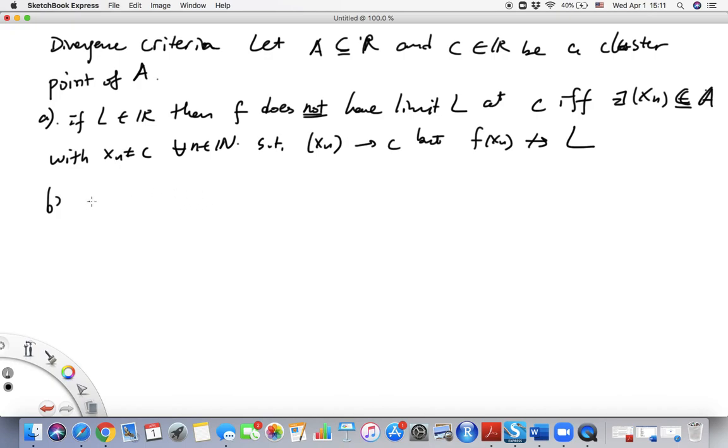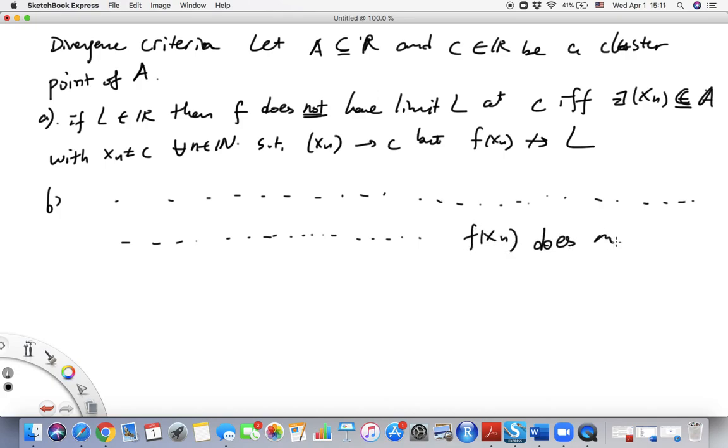(b) If L is in R, then f does not have limit L at c if and only if there exists a sequence xn in A with xn not equal to c for all n, such that xn goes to c, but f of xn does not converge.